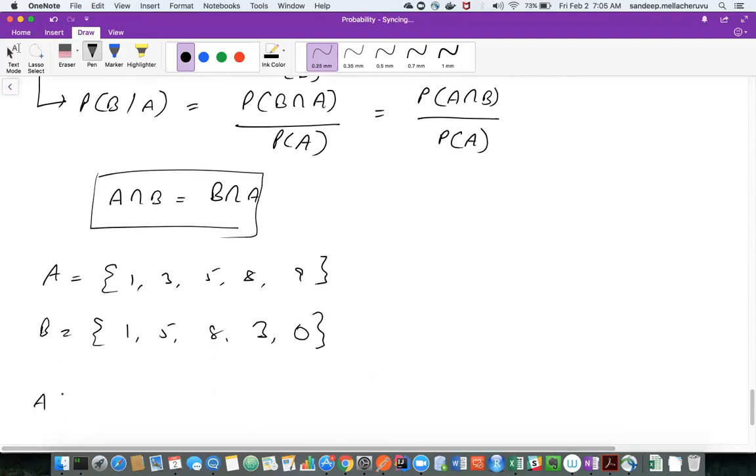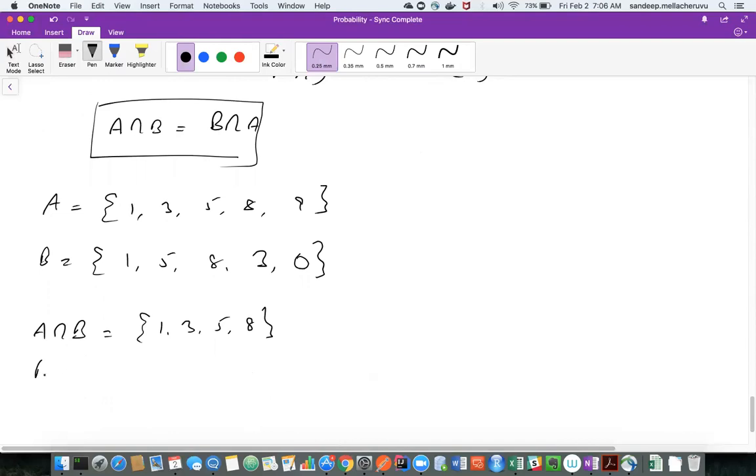What is A intersection B? 1, 3, 5, 8. Now see what is B intersection A? B intersection A is also the same, 1, 3, 5, 8. That's what I meant.